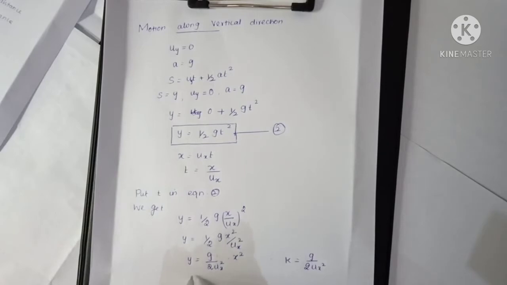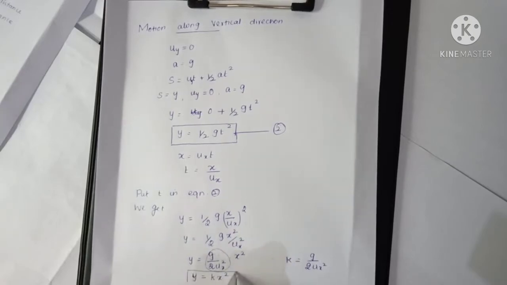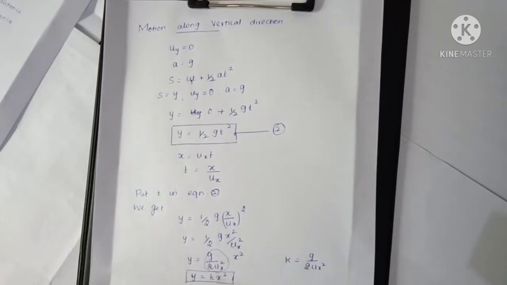So y is equal to kx square. This is the motion of the particle, and the path followed by the projectile is a parabola. This is the equation of a parabola, y is equal to kx square.